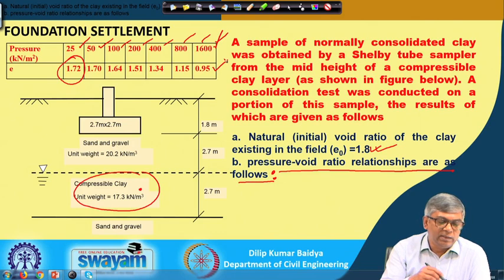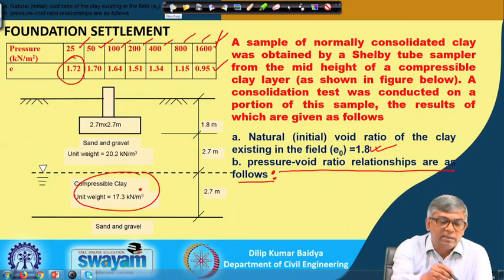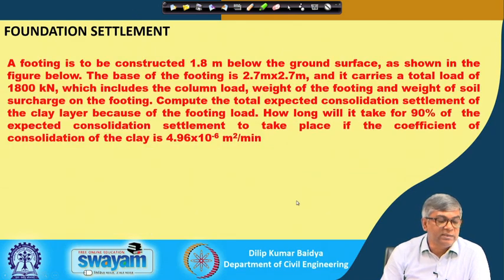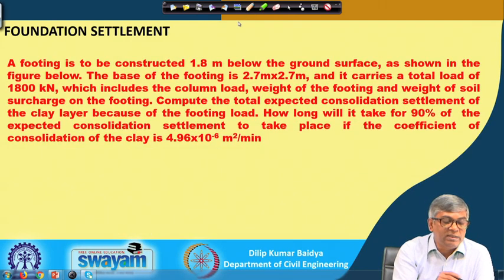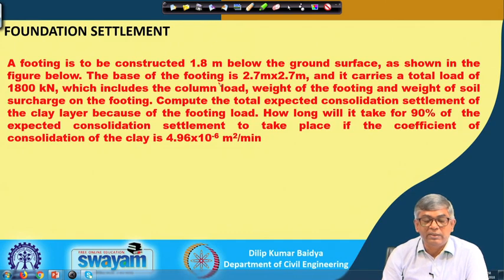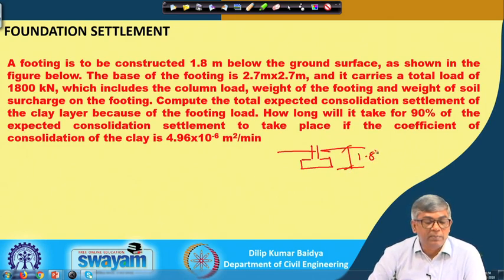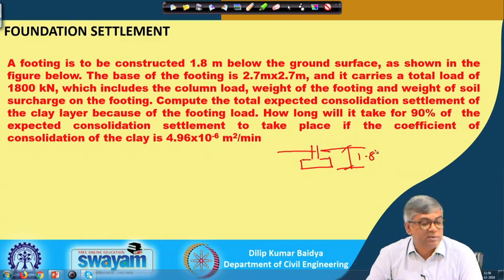And next, we are still describing the problem; what is asked has not come yet. So, I will go to the next slide. You can see here a footing is to be constructed 1.8 meter below the ground surface, as shown in the figure.